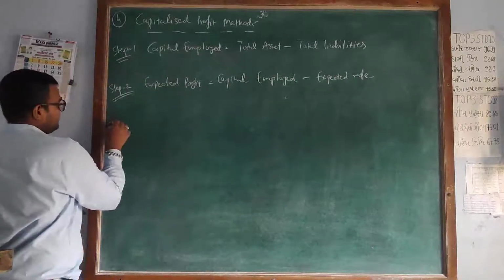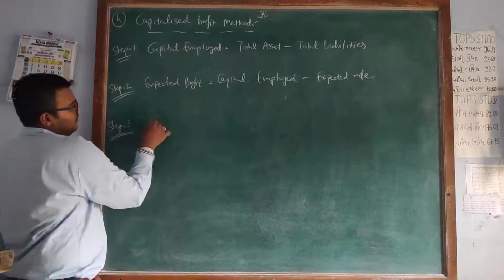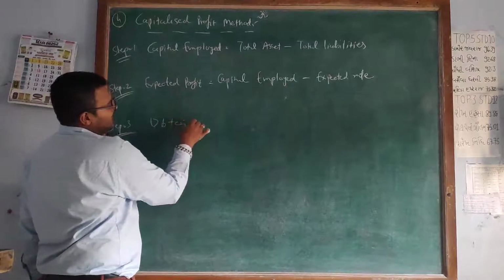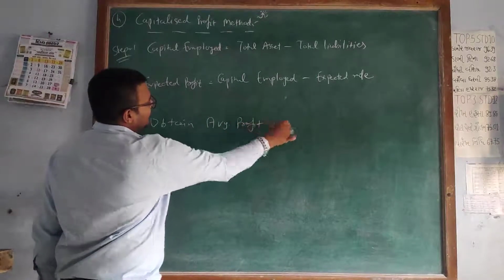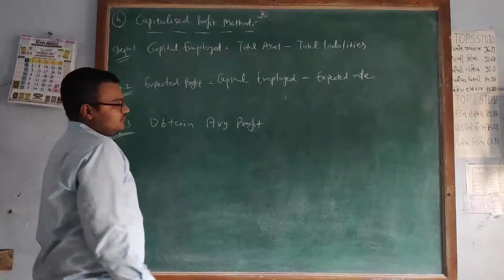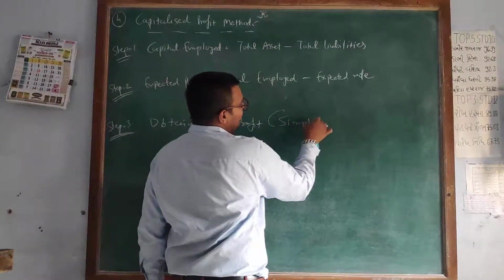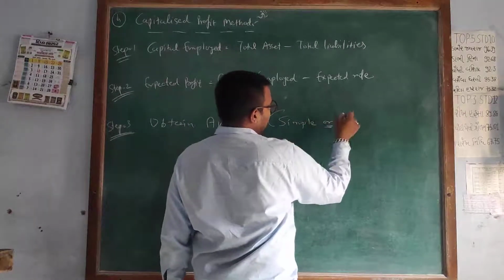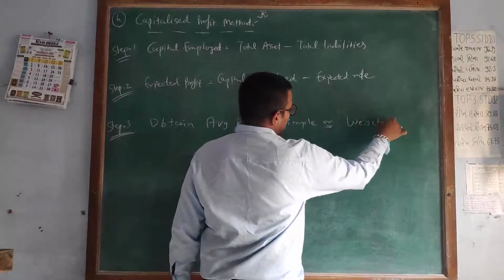Step 3, obtain average profit. Whatever the formula will be, maybe from simple or weighted, whatever the situation.